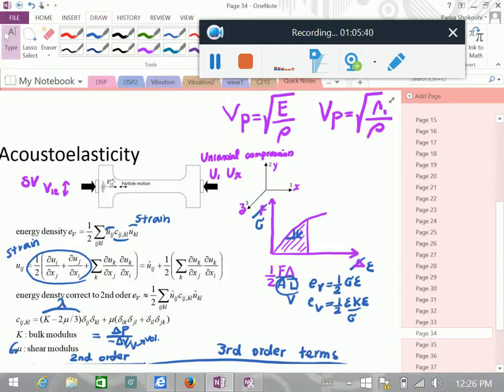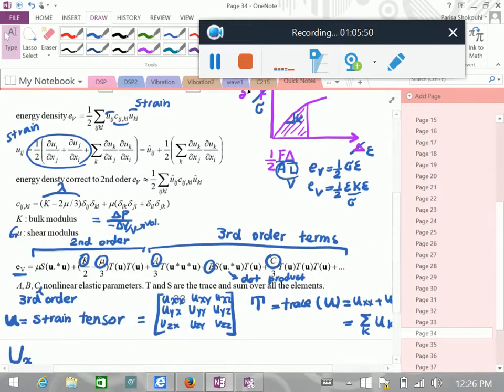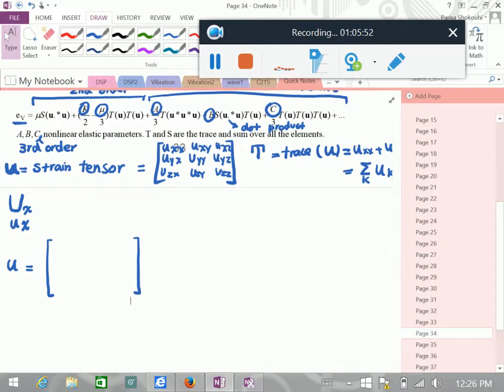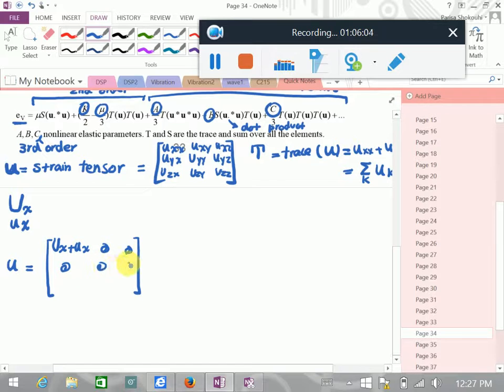This is a strain. This is not displacement. So I'm using it for a strain. And you have the wave, the particle strain, let's say the dynamic strain, a small u. Do you agree that we have this at this location and everywhere else we have 0?